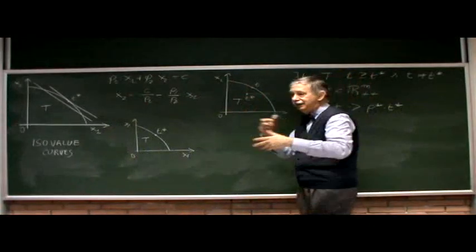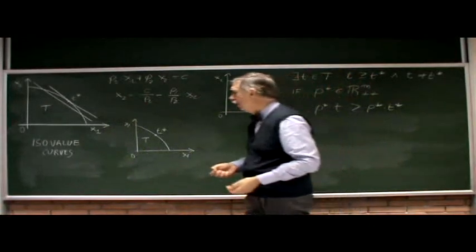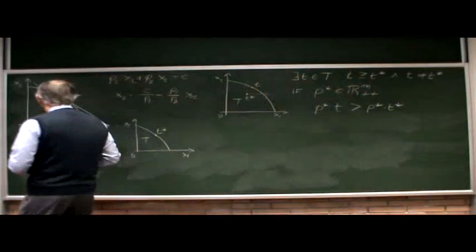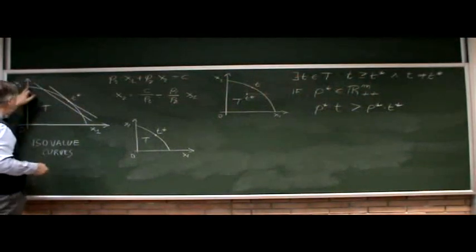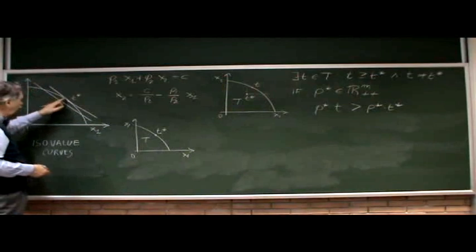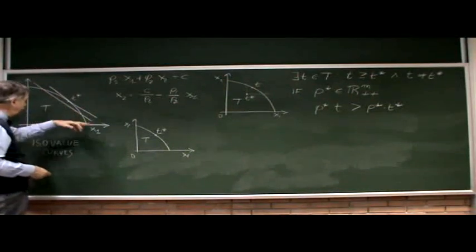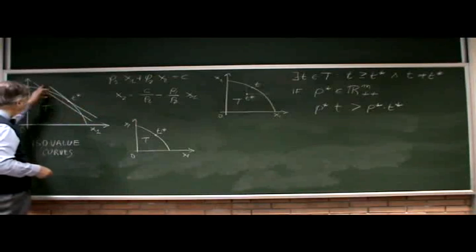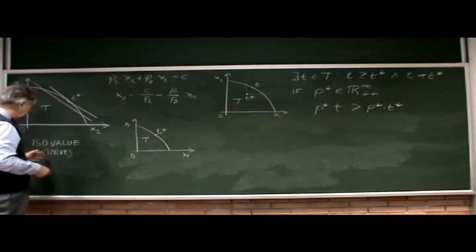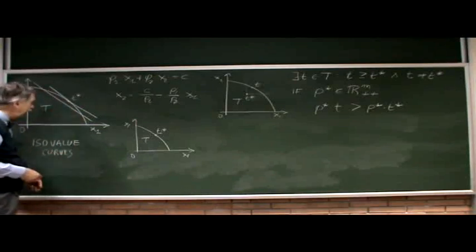From this theorem, many other results can be obtained. For example, if this transformation curve is differentiable, we obtain at this point tangency between the curve and the iso-value straight line.